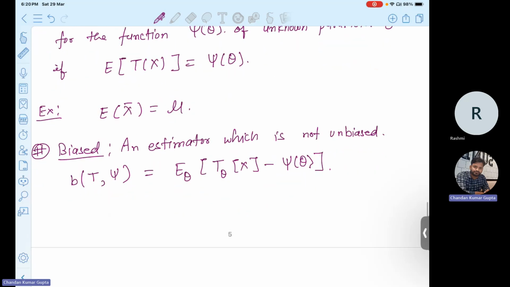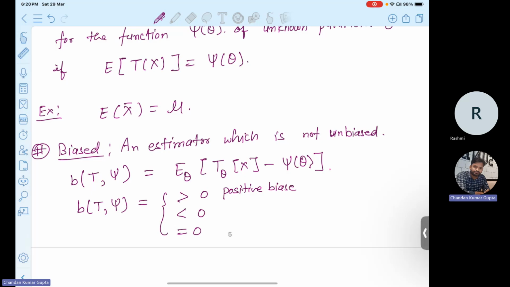Also, this bias can be greater than 0, less than 0, or equal to 0. If it is greater than 0, it is a positive bias, less than 0, negative bias, and if equal to 0, it is actually unbiased.